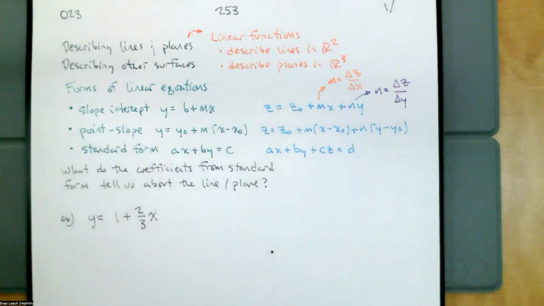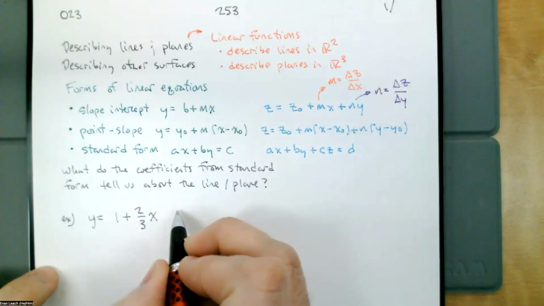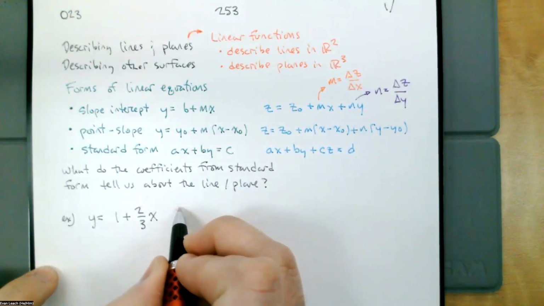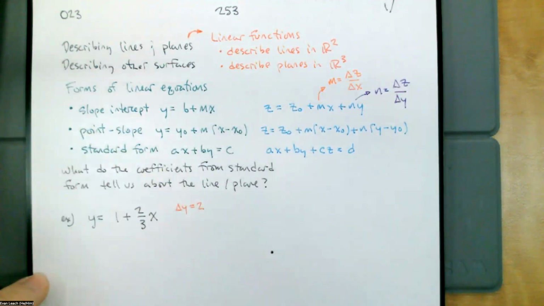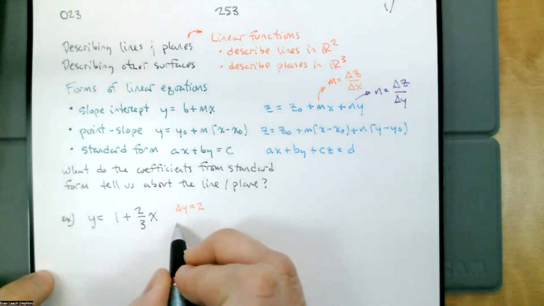So in this, we see a change in y of a change in x. So our change in y is going to be 2. Our change in x is going to be 3.